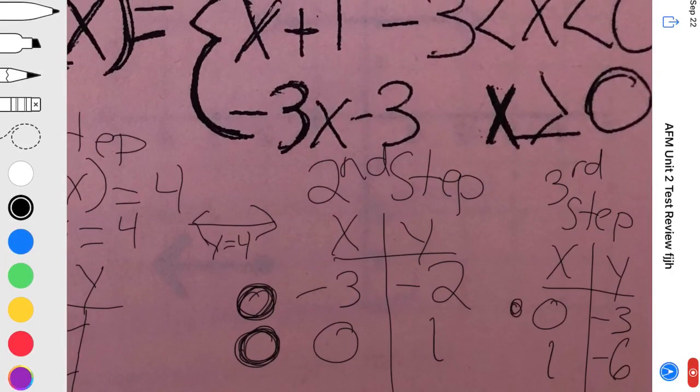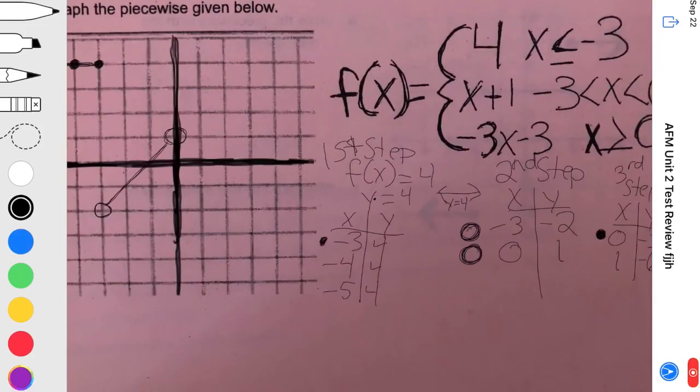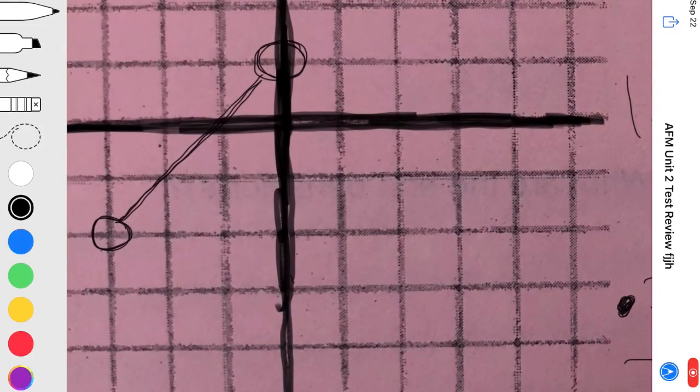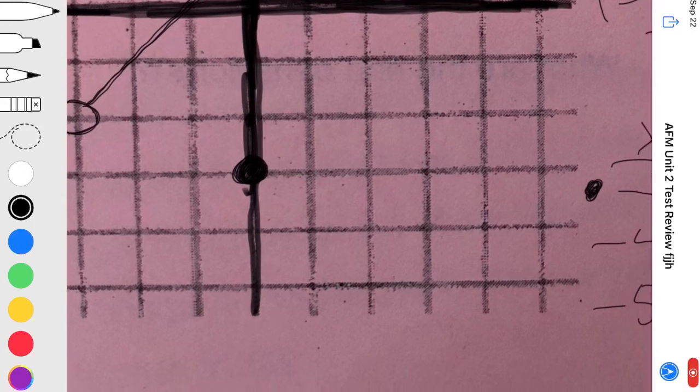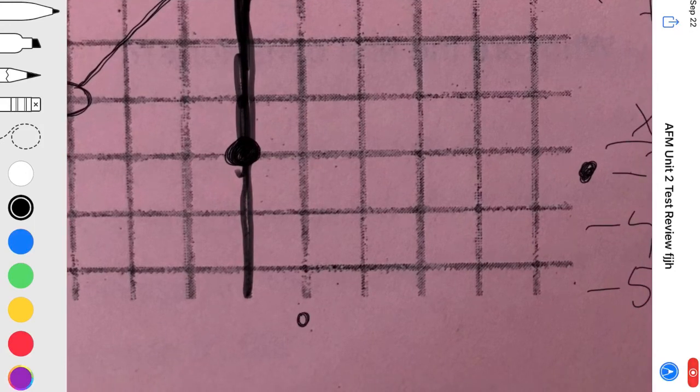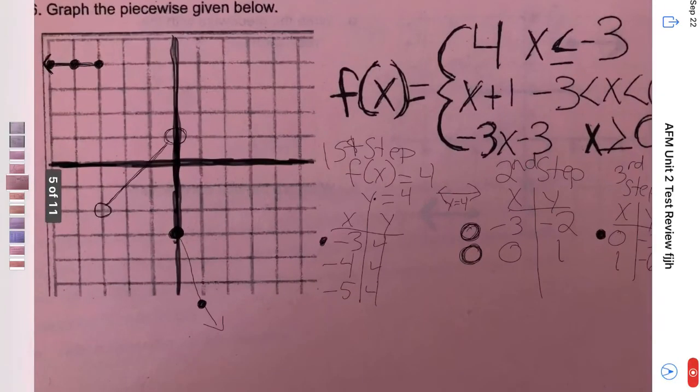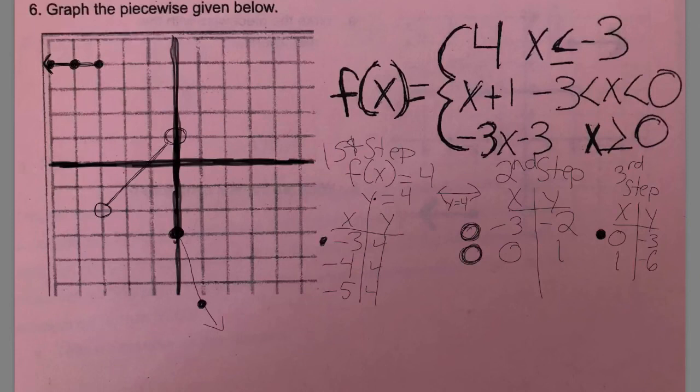And when x is 0, it is a closed circle because we have the or equal to in our third step. So 0, negative 3 is here. And then 1, negative 6 is roughly here. So that line's going to keep going forever and ever and ever. So here's your answer for number 6.